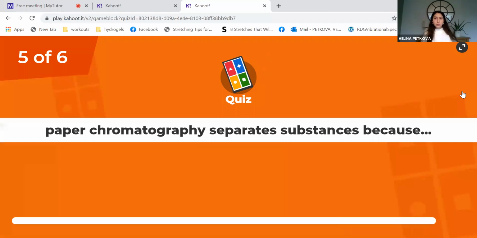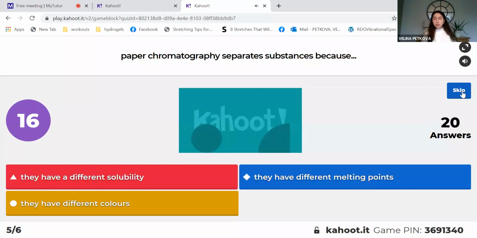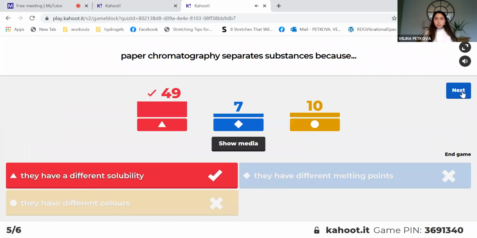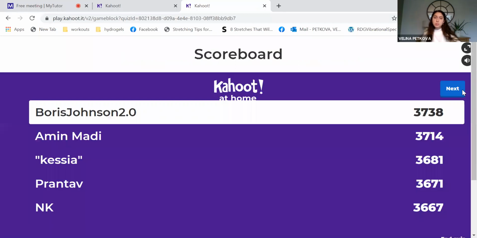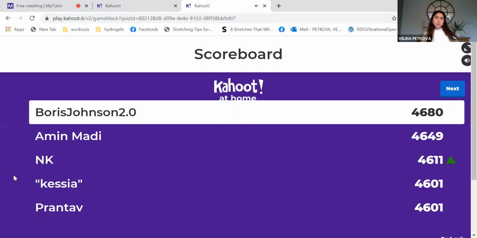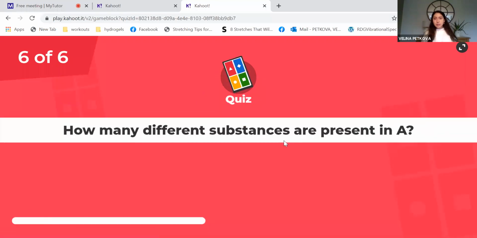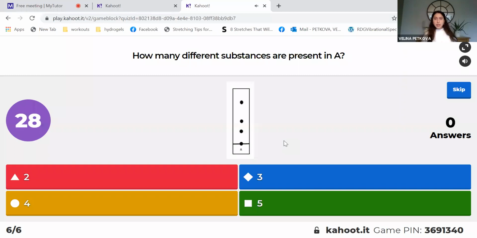So how does paper chromatography separate substances? So perfect, yeah. They have different solubilities. So although sometimes they have different colours, they get separated because of the difference in solubilities of those colours. Wow, well done. Boris Johnson has kept the top position the whole time. So how many different substances are present in A?